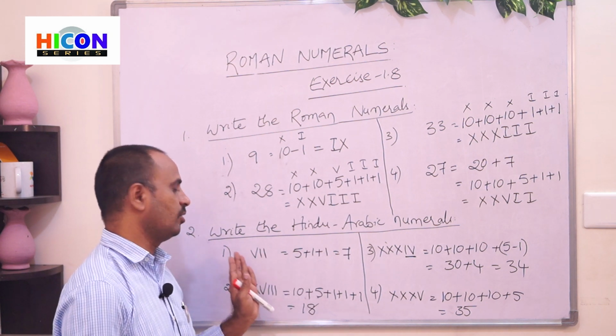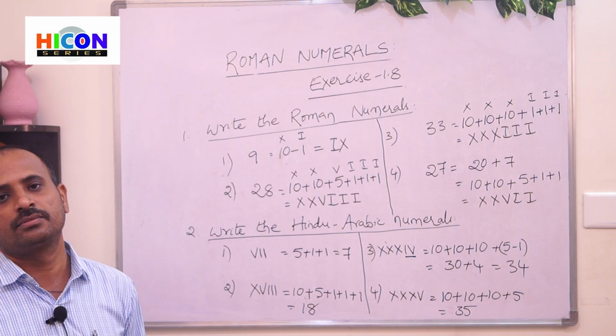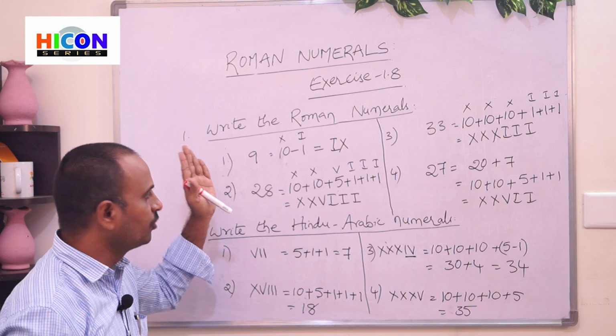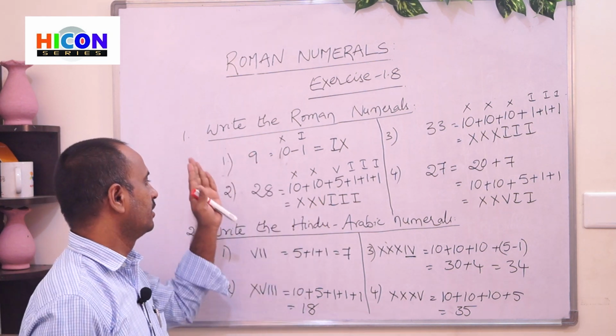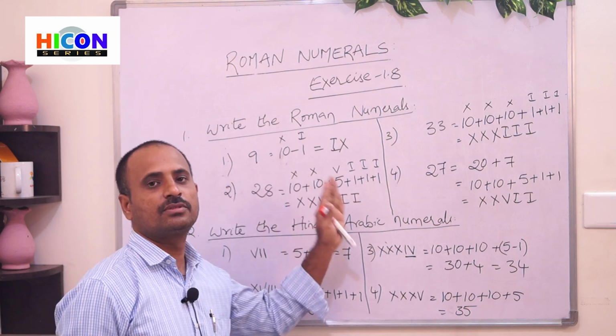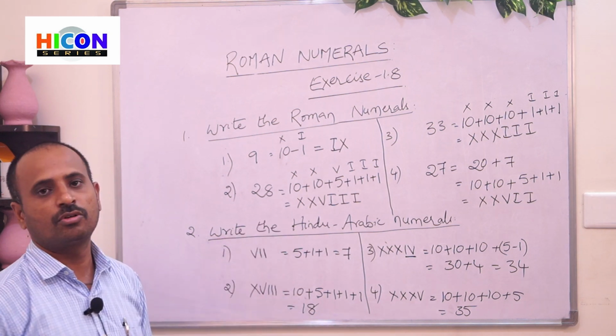While converting, we have to follow the rules. While converting Hindu-Arabic system into Roman numerals, first we have to split the given numbers into ones, fives, tens and 50s, hundreds. Then only we can easily convert them into Roman numerals.